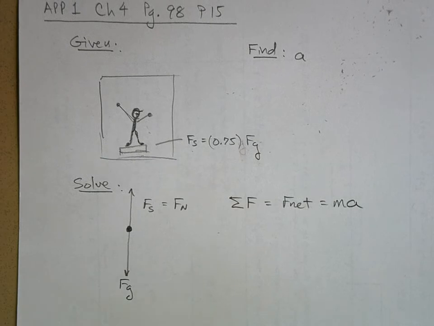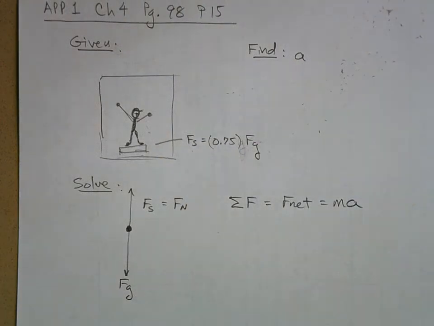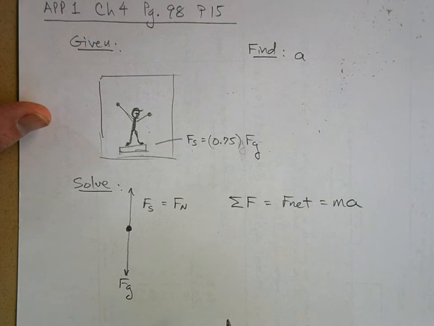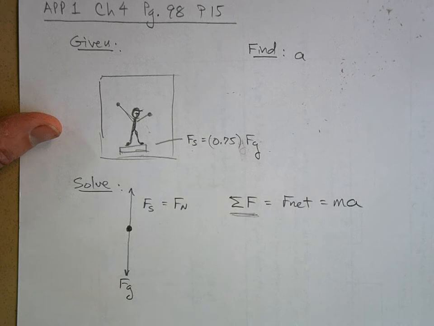They didn't give me the mass. I quit. Be patient, young learner. It might show up. You might be able to solve it even though you don't know the mass. And this tells me what to do. Add up all the forces.